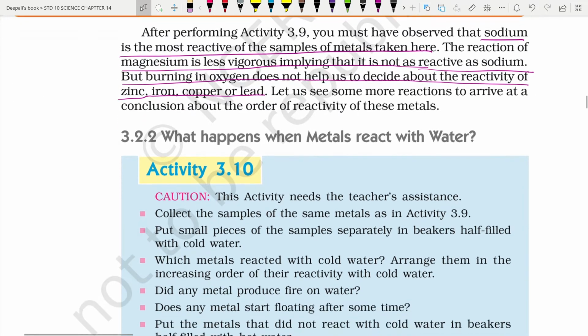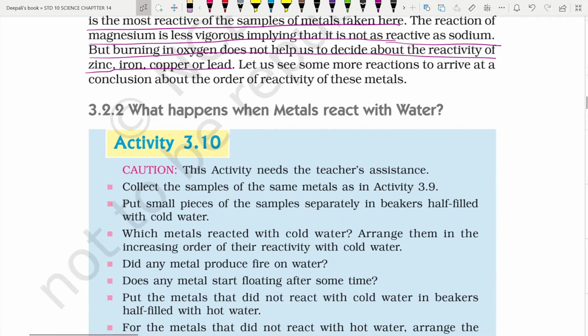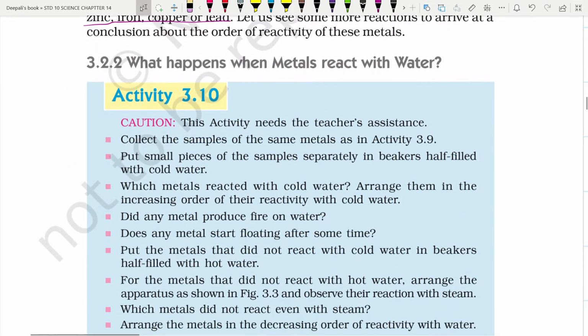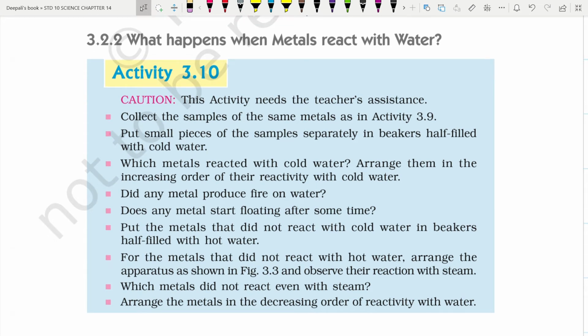Now let us look into the second property. What happens when metal reacts with water? Put a small piece of each sample separately in a beaker half filled with cold water. Which metals react with cold water? Arrange them in increasing order of their activity with cold water.